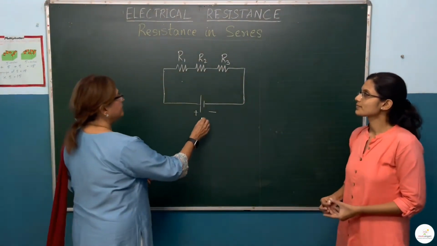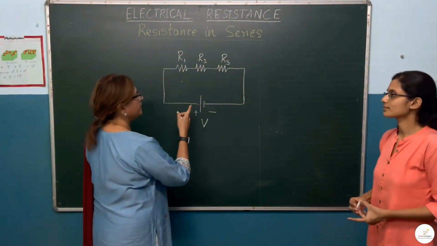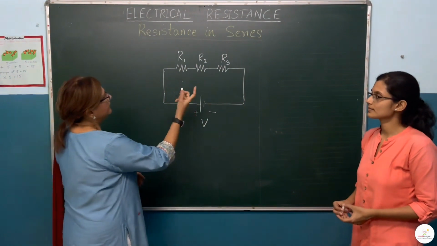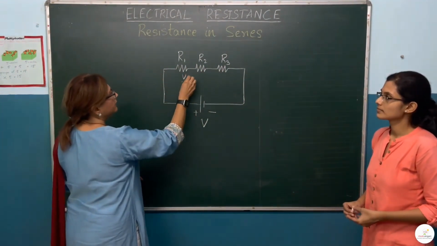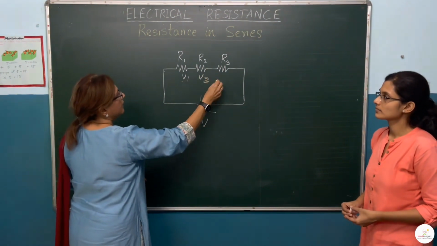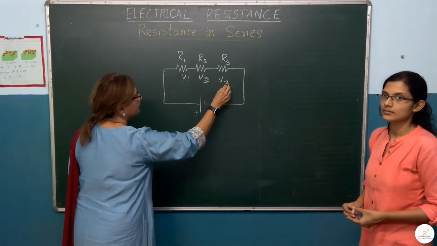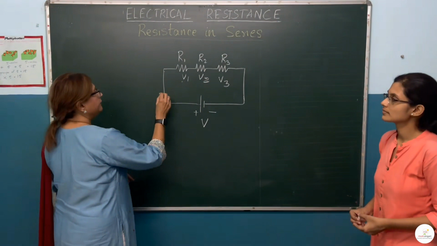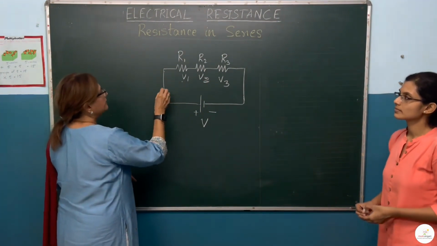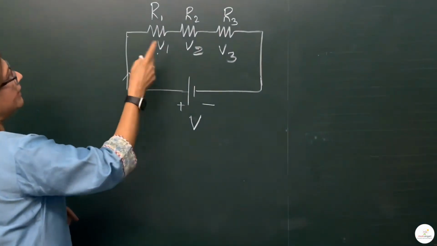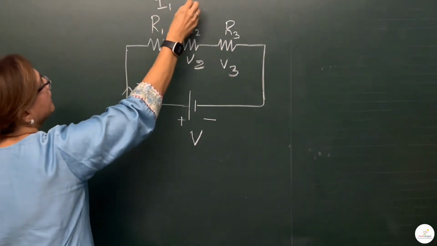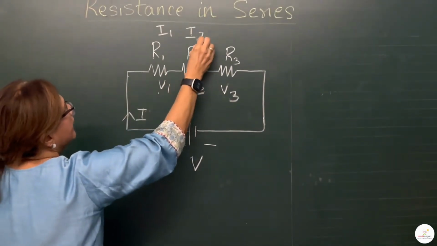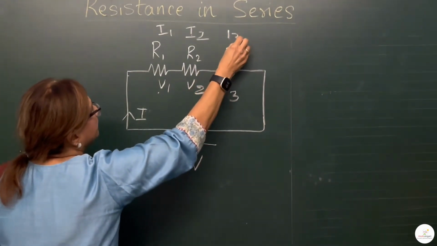So, if V is the total voltage provided by the battery, then the voltage in the individual resistors will be V1, V2 and V3. Similarly, if total current in the circuit is say I, then in the individual resistors it will be I1, I2 and I3.